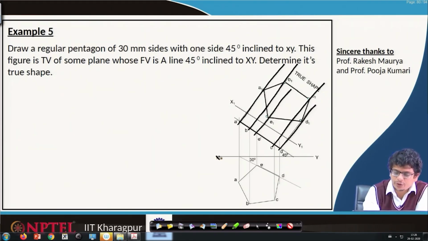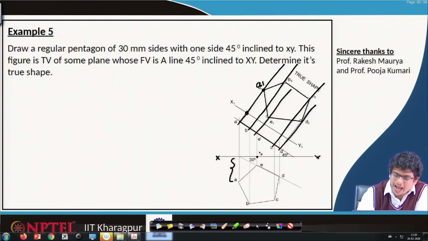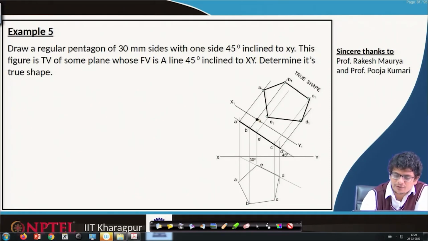Now, with respect to the xy axis, the distance from the x1 point all the way to the A1 point becomes one and the same. From the xy axis, all the way to B, this distance we will transfer from this point to that point.